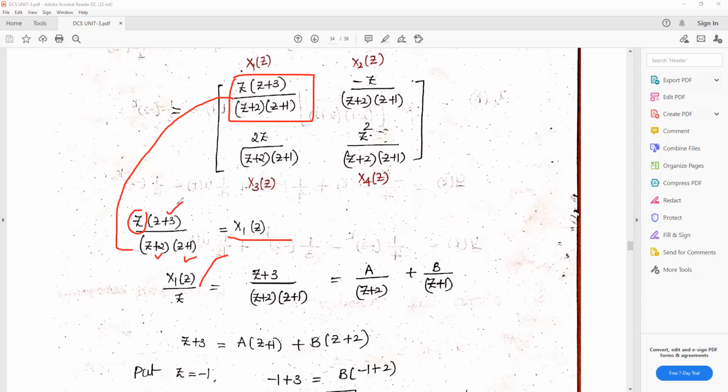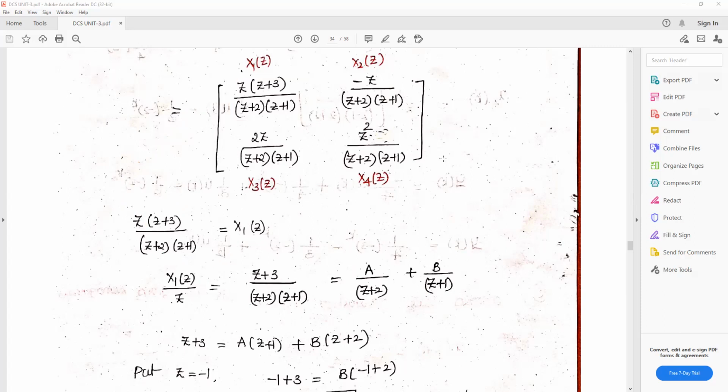In the denominator there are two terms, so take partial fractions: A by Z plus 2 plus B by Z plus 1.